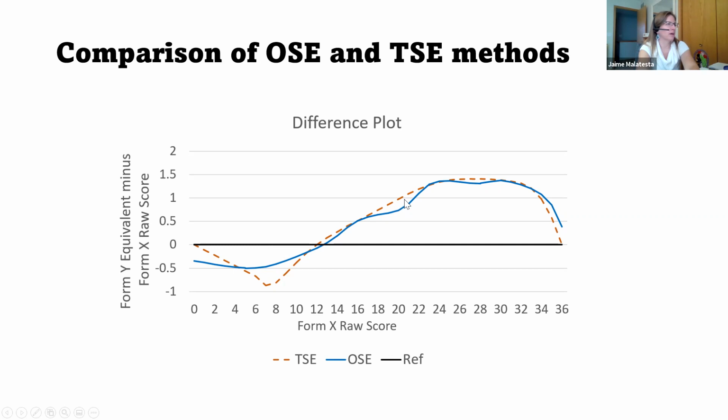At the higher end of the ability scale, on average, form Y is easier by about 1.5 points. The trend between true score and observed score equating is pretty typical in that the results are typically similar, except at the tails.